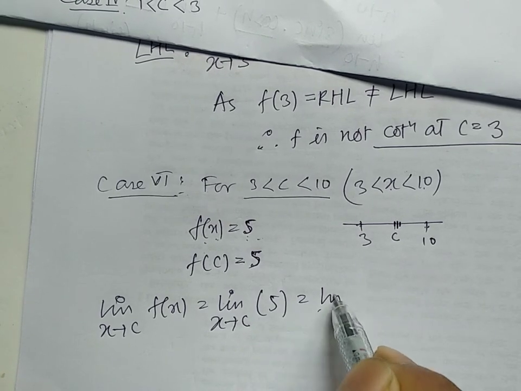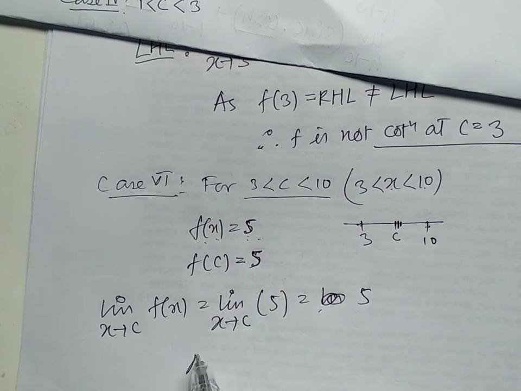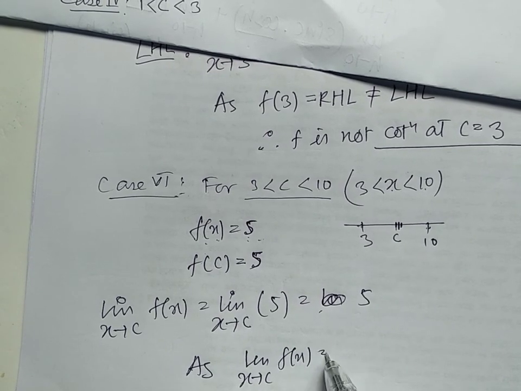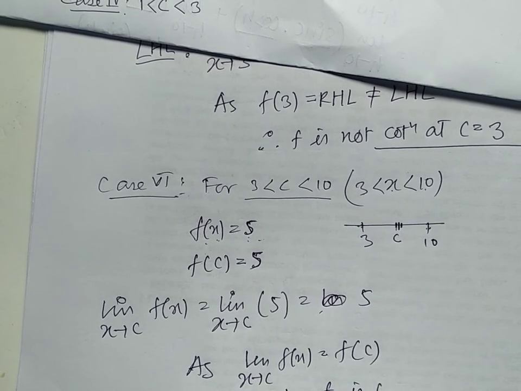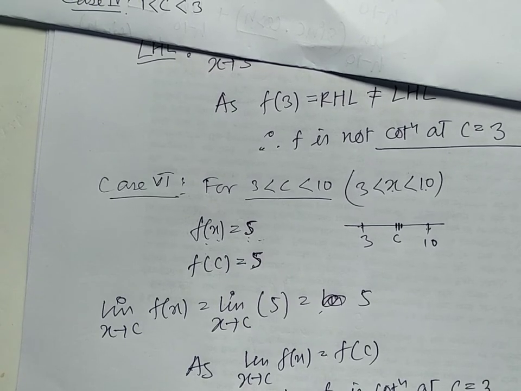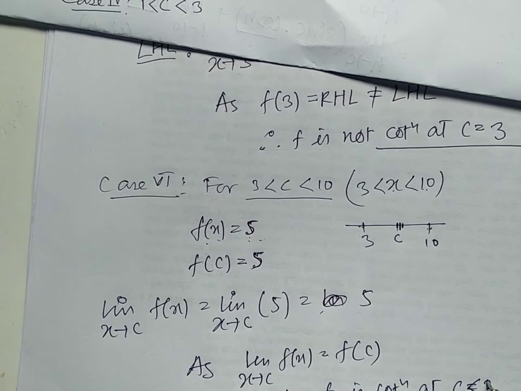So the limit answer is 5. Are they equal? As limit x tends to c f of x is equal to f of c, therefore f is continuous at c is equal to 3, or c lies between 10 and 3.